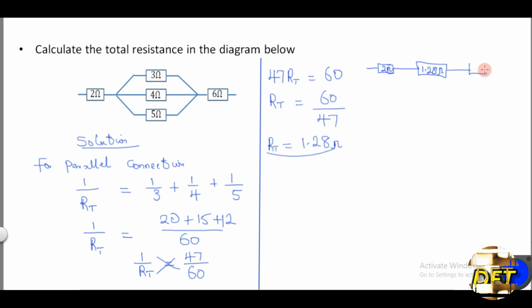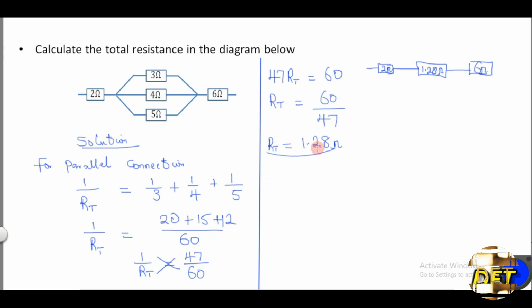And here will be the 6 ohms. So what I've just done here is that I've resolved 3, 4, and 5, which are in parallel connection, into a single resistance. This is the total resistance that we got, 1.28 ohms. So I've resolved it to be a single resistance, which will now be in series with this.